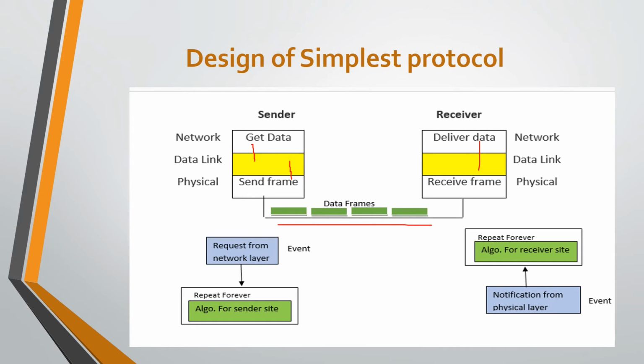So there are two events, one for the sender and one for the receiver. If the network layer makes a request for data transmission, only then does the data link layer of the sender perform that task. Also, if the physical layer gives a notification about the arrival of a frame, only then can the data link layer process that data. So these are the events performed by the network layer or the physical layer on the sender or receiver side.